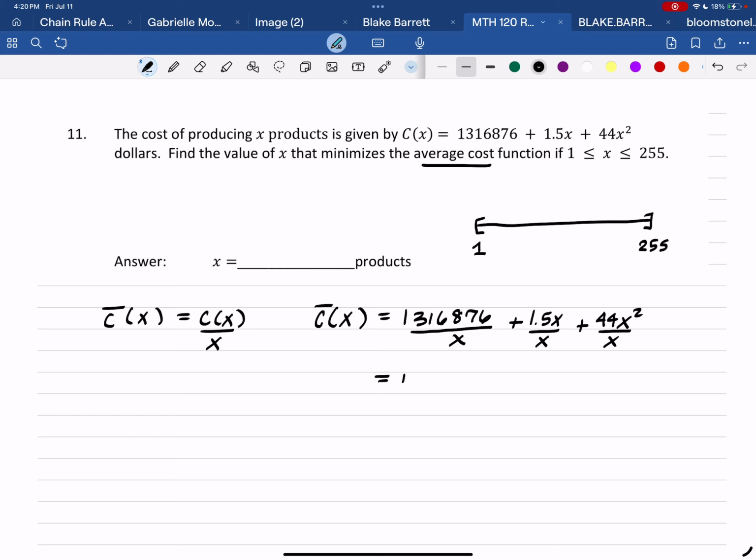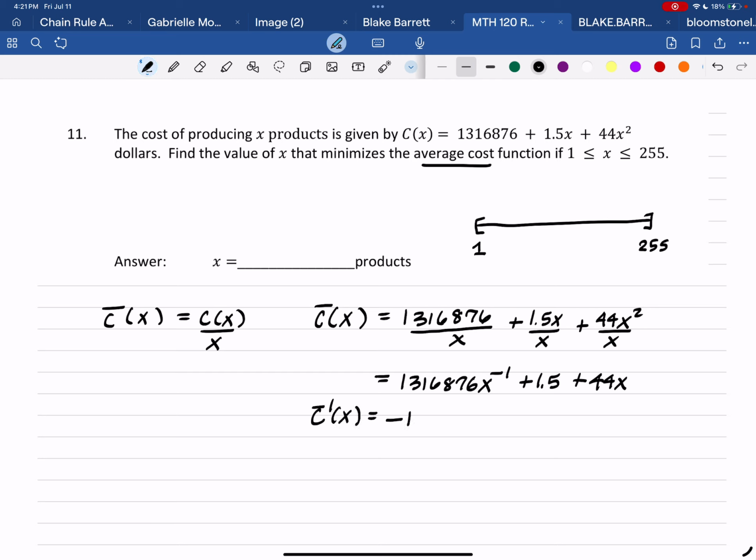So that is written in a format that I can take the derivative of easily. That's going to be 1,316,876x to the negative 1 plus 1.5 plus 44x.